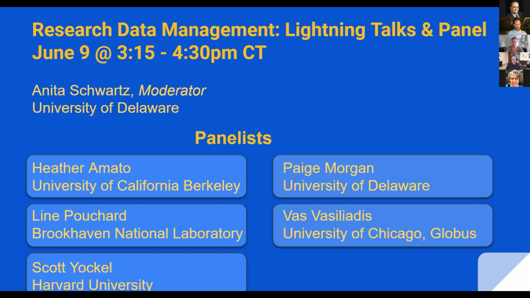Vas's goal is to make Globus sustainable so that every researcher in the world can use the amazing data management capabilities offered by the service. Vas is also a lecturer in the master's program in computer science at the university, where he teaches courses on cloud computing and product management. With that, go ahead, Vas.